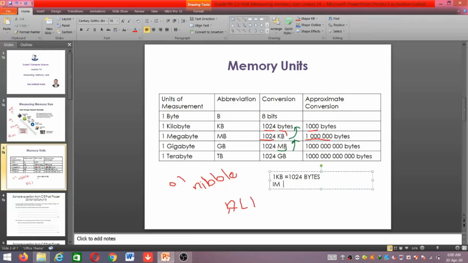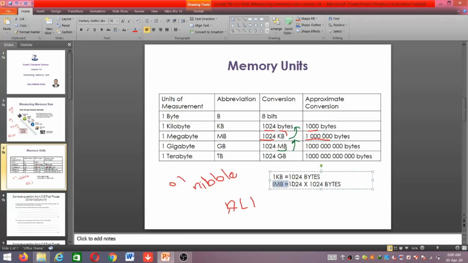And 1 MB is equal to 1024 KB, but if we are representing it as bytes, then it will be 1024 times 1024 bytes exactly.